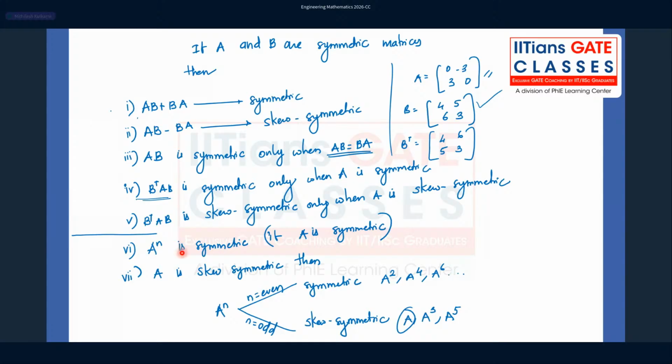And if A is skew symmetric, then what? Then even powers of A, like A square, A raised to the power 4, A raised to the power 6, are symmetric. And odd powers of A are skew symmetric. That is A cube, A raised to the power 5, and so on. These are skew symmetric.